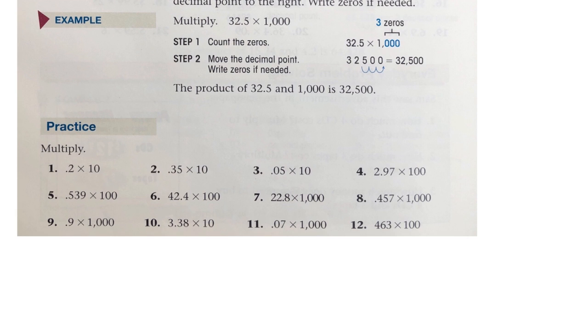Let's practice. Number 1 is 2/10 times 10. 10 has one 0, so we'll move 1 time. And so now the new number is 2.